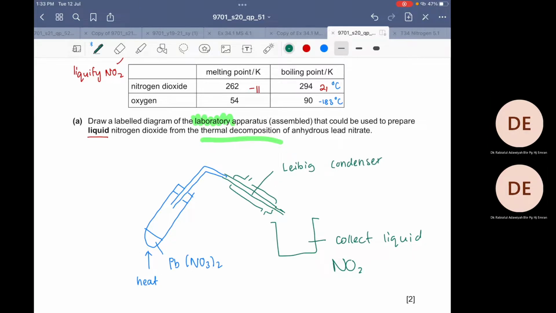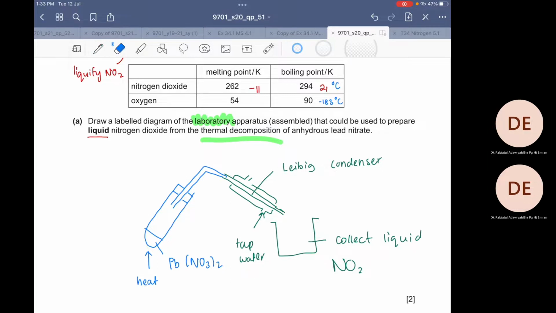Okay. Now, what's the special additional modification here is that your Liebig condenser, it is not enough to use tap water. You need the tap water to be cooled down to 21 degrees Celsius.